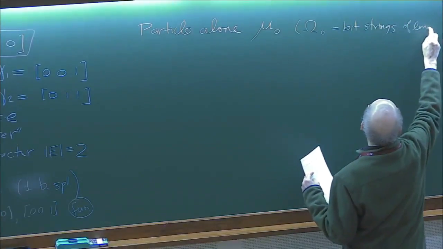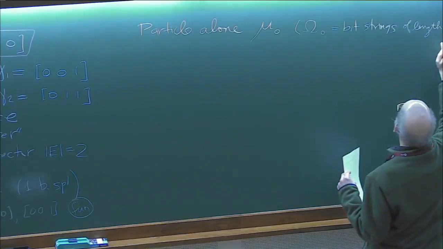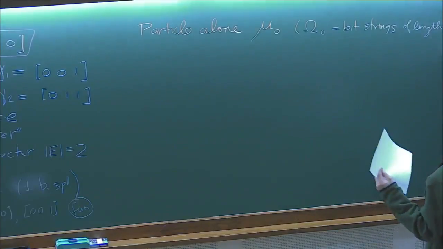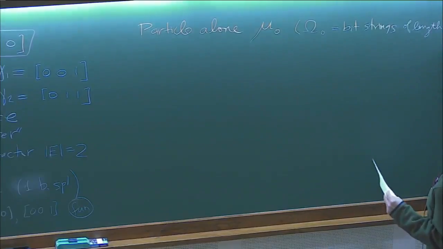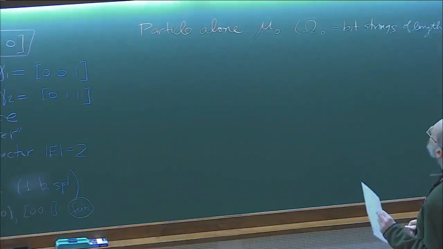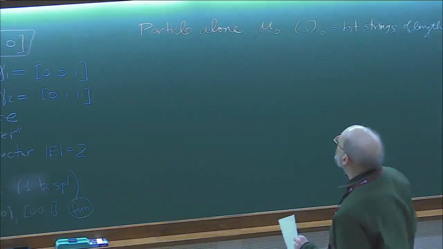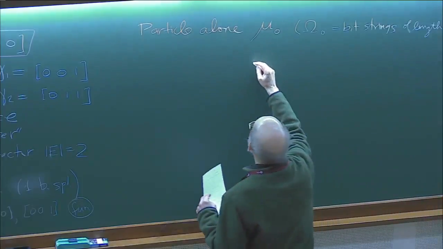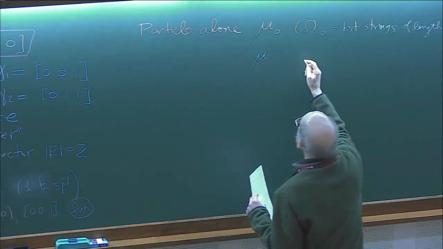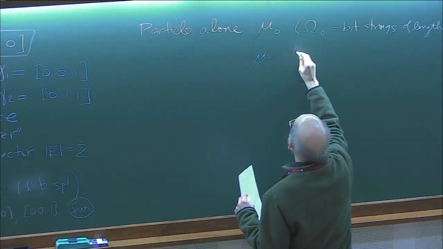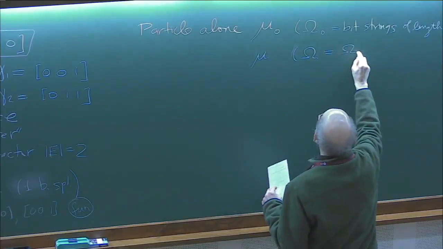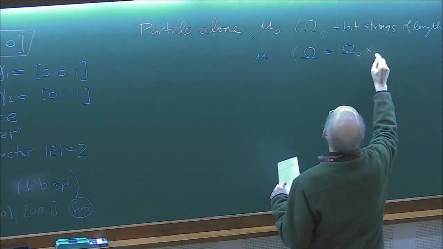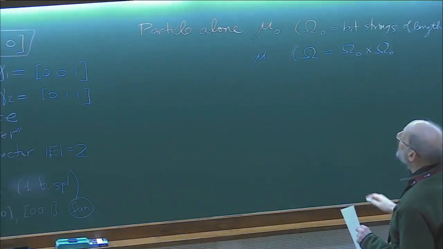Which I can't call n, I forgot, some length, K or some number, the number of beam splitters. And then we'll have a history space for the bigger system and a measure for it, and I'll just call it omega. And if you think about it, it's omega naught, well, it won't be obvious yet, but we'll see.